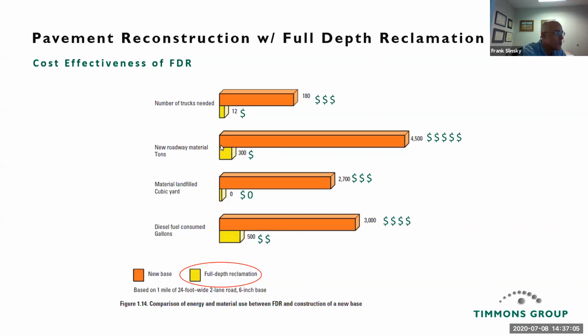New roadway material in tons, considerably less. Material landfilled, 0 for full depth reclamation. It's very environmentally friendly and can be considered a green process. And diesel fuel consumption is much lower.